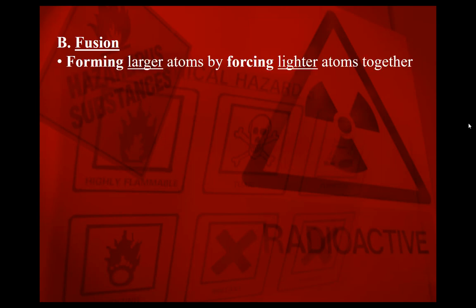Nuclear fusion involves taking a couple of smaller elements and forcing them together to give you a larger one. So in a nutshell, let's just write down a little reaction here.